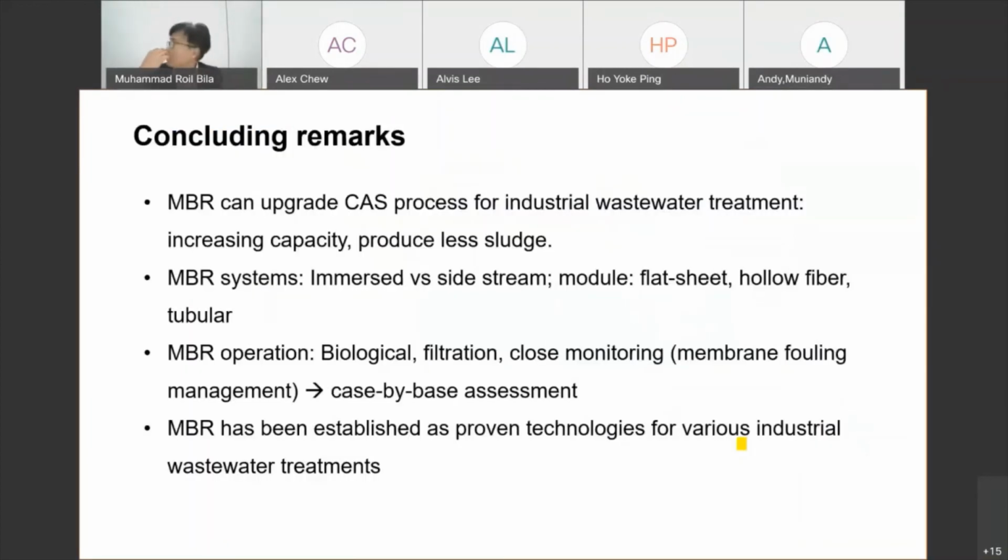So it brings me to my last slide, which is the conclusion. Based on my presentation, I can confirm that MBR can upgrade the conventional activated sludge. In doing so, if you convert the current biological process, you can increase the capacity and at the same time produce less sludge.